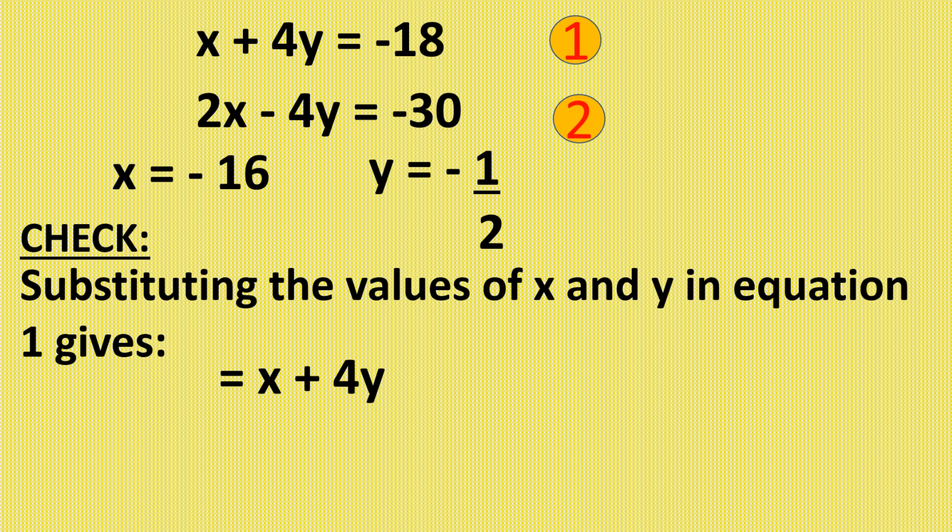Our duty is to find out whether x plus 4y, given our x is equal to minus 16 and y is equal to minus half, will actually become minus 18. So where we see x, we have minus 16, and where we see y, we put minus half. So we have minus 16 plus 4 into minus half.